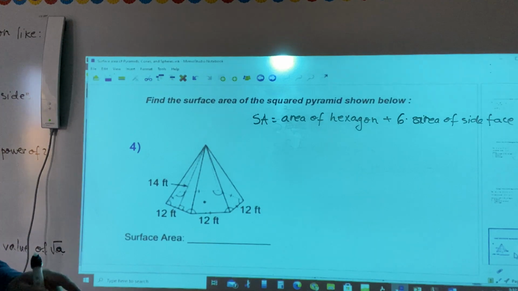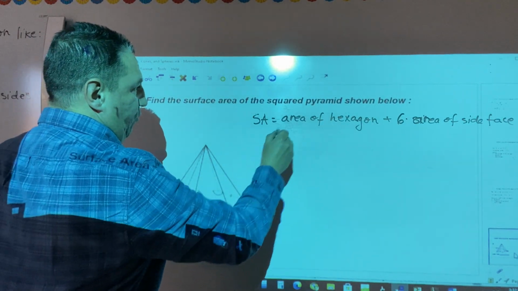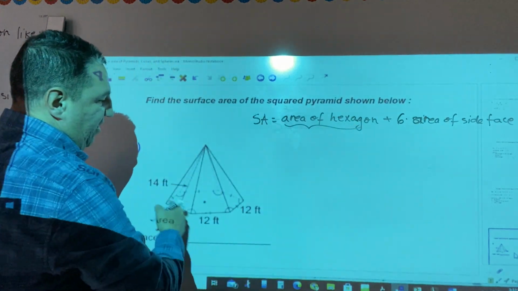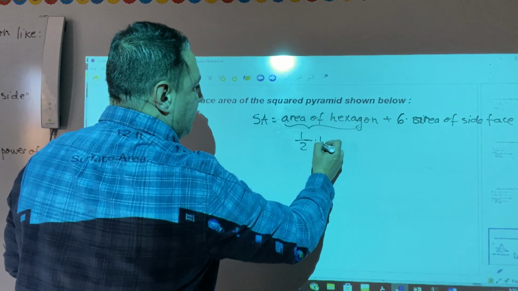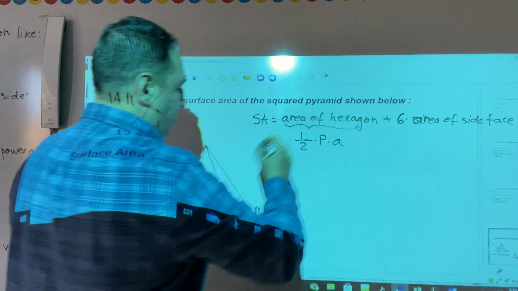Now, let's find the area of a hexagon. To find the area of a hexagon, because it's a regular polygon, would be 1/2 times the perimeter of the hexagon times the apothem.